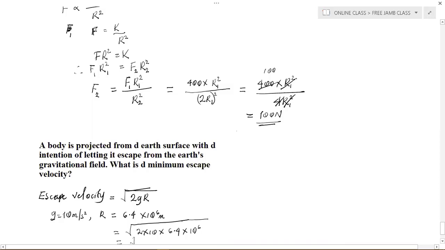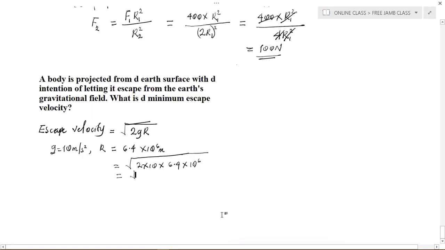Look at it very well. We'll be having 2 times 64 times 10 raised to the power 6, which gives 128 times 10 raised to the power 6.